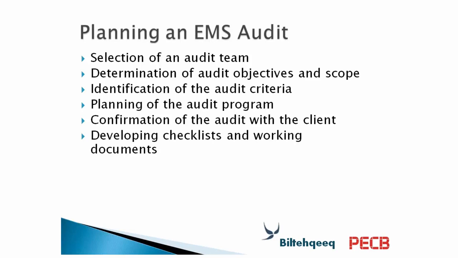And then you have to identify the audit criteria, on which criteria you have to conduct the audit. Normally, for today's discussion, our audit criteria is the ISO 14001 Environmental Management System.